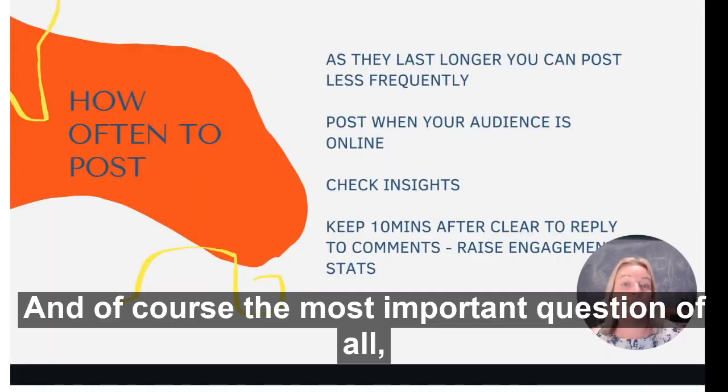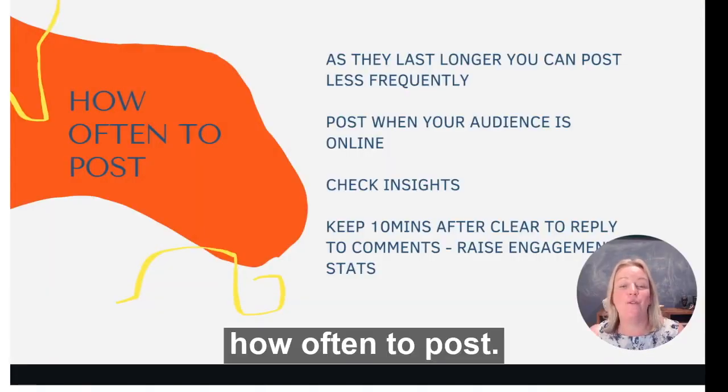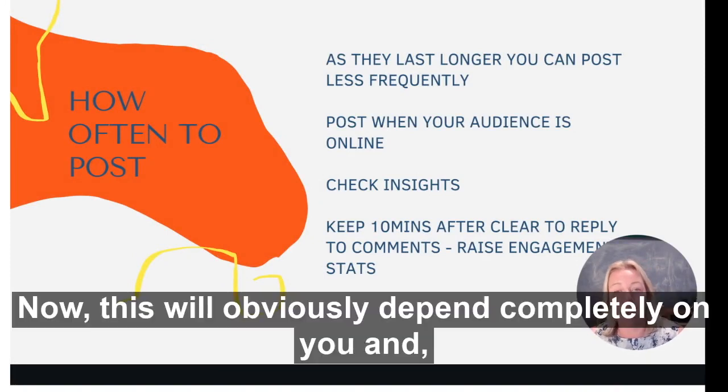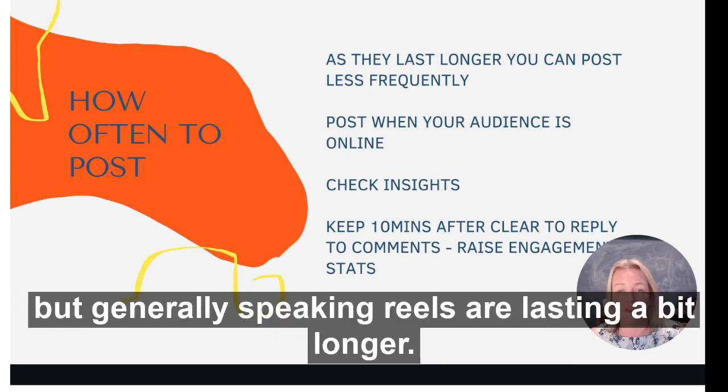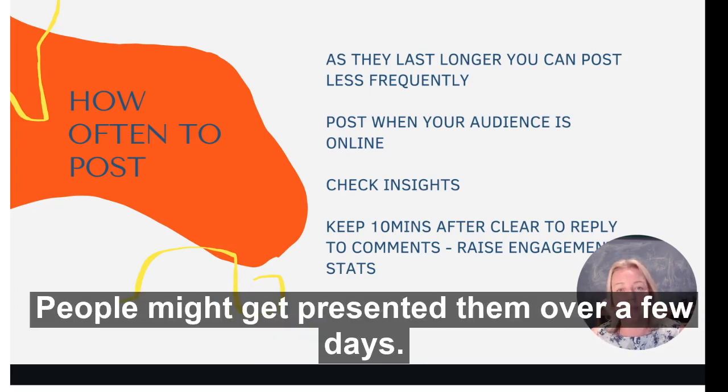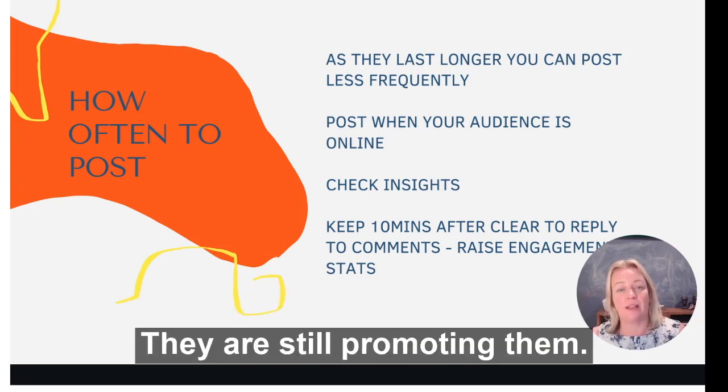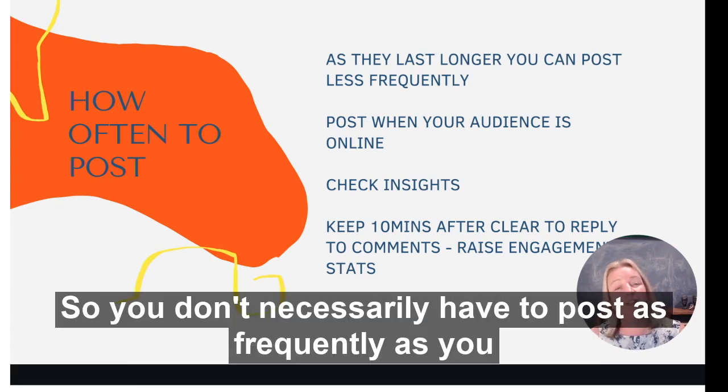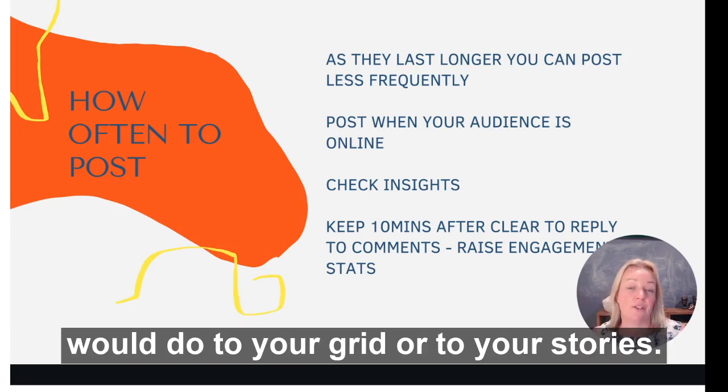And of course, the most important question of all, how often to post? Now, this will obviously depend completely on you and your own audience, but generally speaking, reels are lasting a bit longer. People might get presented them over a few days. They are still promoting them. So you don't necessarily have to post as frequently as you would to your grid or to your stories.